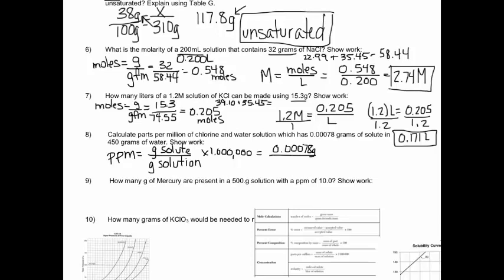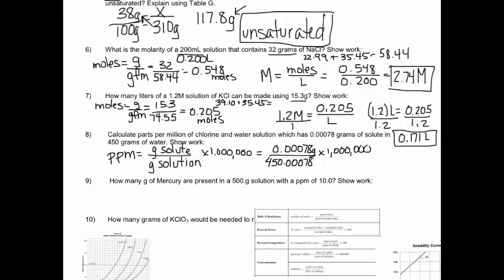And we didn't get the grams of solution. We got our grams of water, but we really should be adding in the grams of solute. So we should have 450.00078. You're going to see that if you didn't do that, you're probably going to get the same answer that I do anyway because the values are so small.